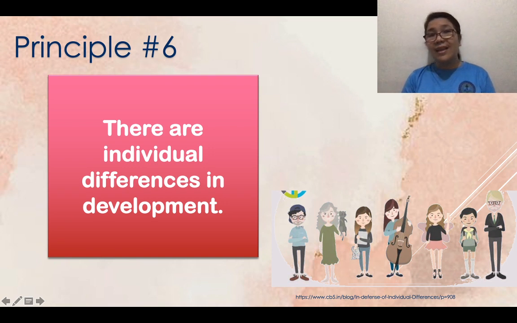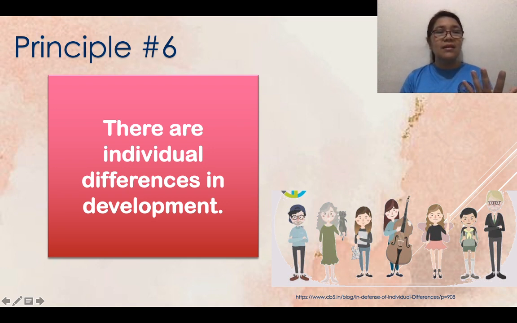They have different personality traits. We can also have this example that twins may be identical twins, but they have different personalities. They have different likes. They have different dislikes. And also, intellectual growth is contingent upon one's educational exposure or the family environment.